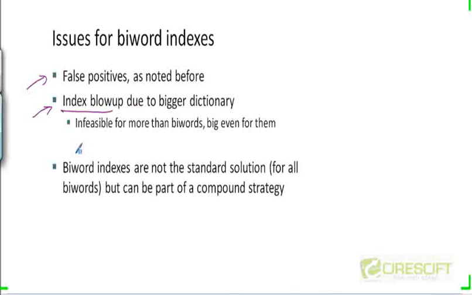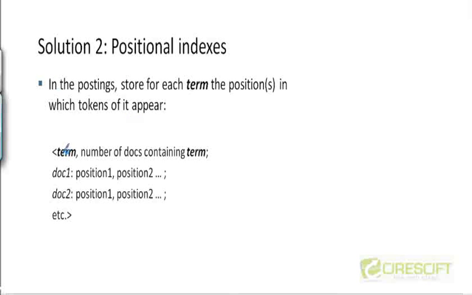So we saw that even though byword indexes may not be used on the whole corpus, we will see later in this lecture how we could use some of the ideas from byword indexes in what we'll be discussing now, which is positional indexes. So we can combine both solutions to get the best of both worlds. So this was a summary of the last lecture. Do you have any questions at this stage?